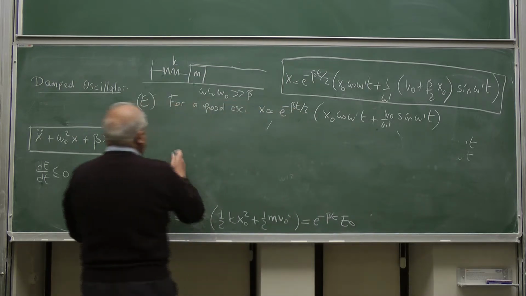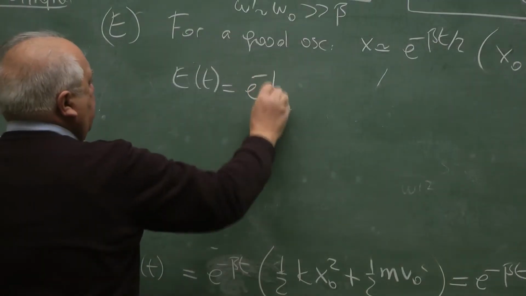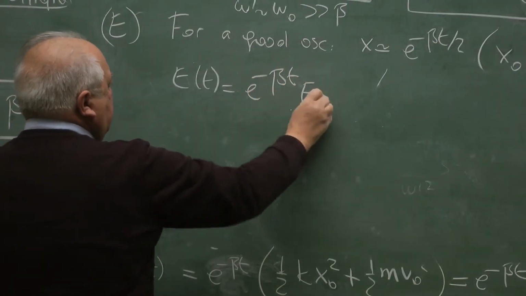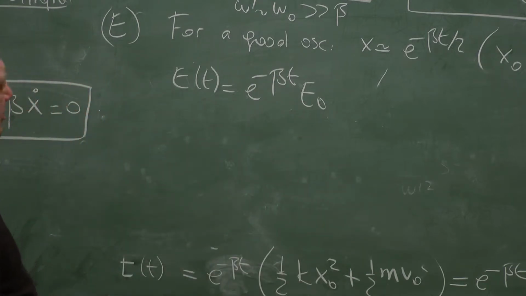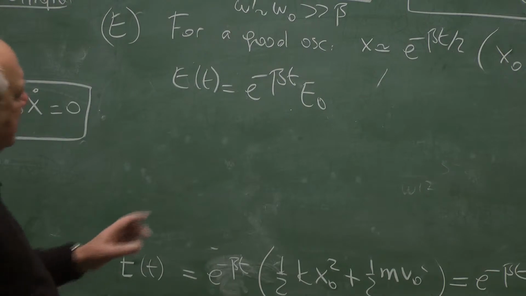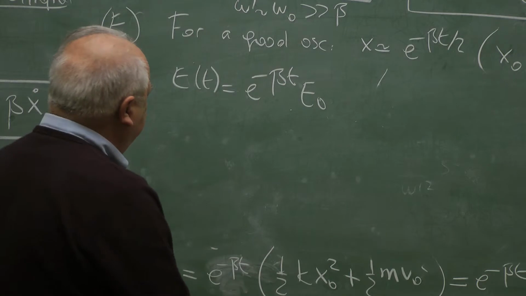Let me write it here. E of t is equal to e to the minus beta t times E0. E0 is the initial total energy of the oscillator. We see that the oscillator is losing energy in an exponential fashion.